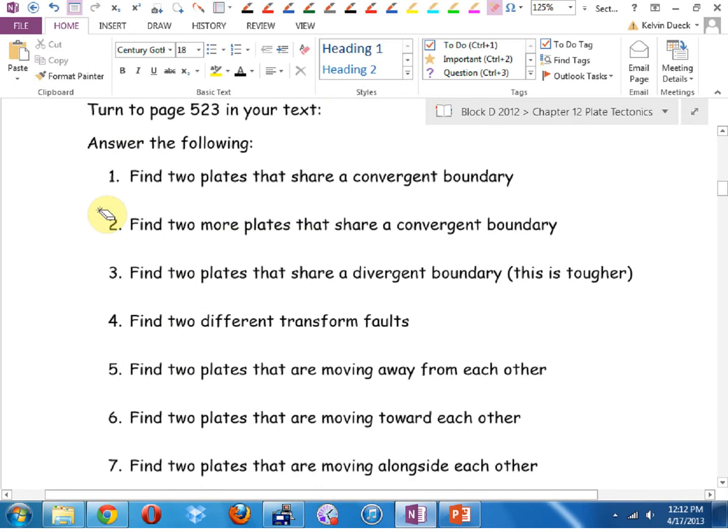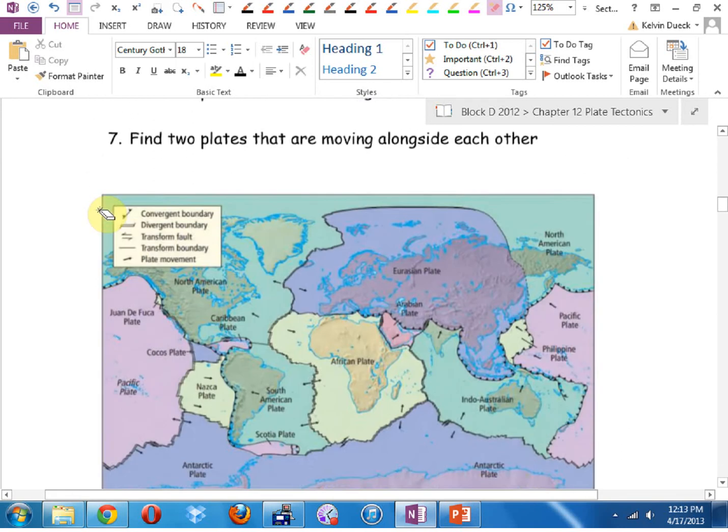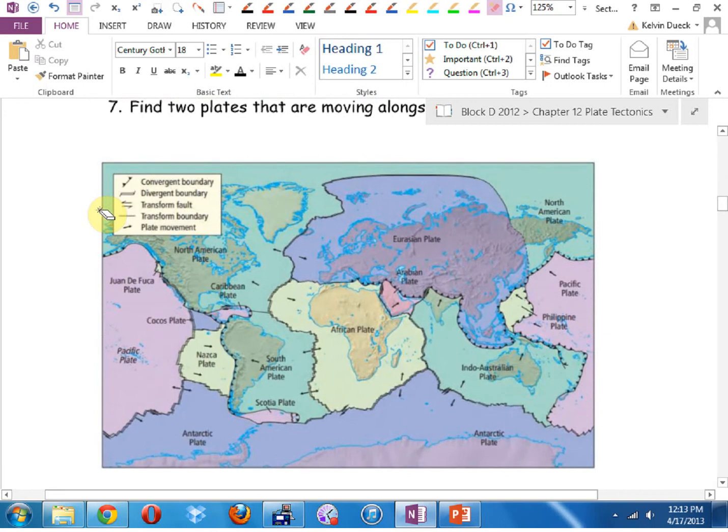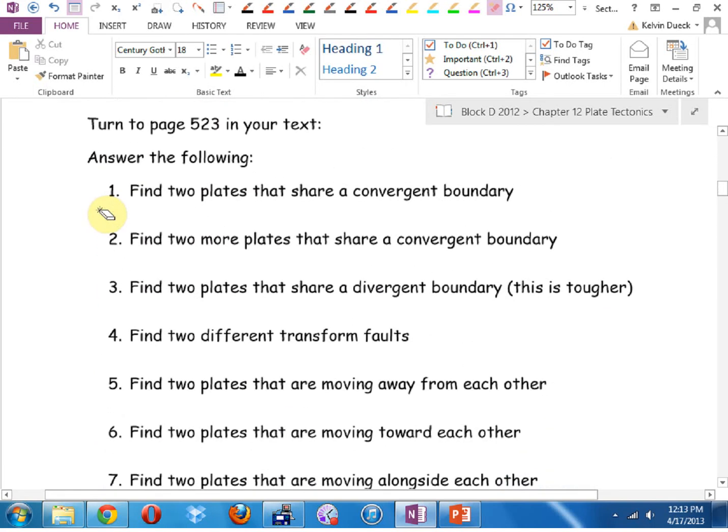So, I've pasted this picture down below, but if you want the color picture, you'll find it way easier to turn to page 523 in your textbook. You'll see this picture here, but I don't think it's very clear in your notes, is it? So if you got your textbook, turn to page 523. If you don't, you'll have to use the diagram in front of you.